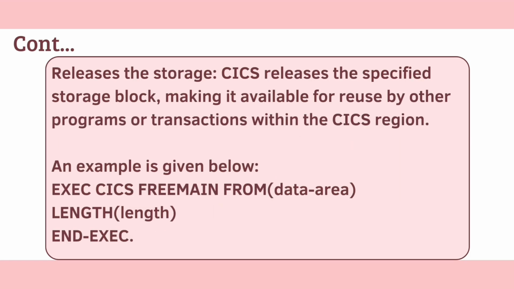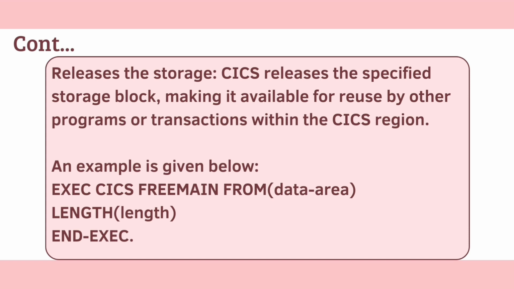Then it releases the storage. CICS releases the specified storage block, making it available for reuse by other programs or transactions within the CICS region. The storage block is no longer accessible or usable by the program that issued the FREEMAIN command.